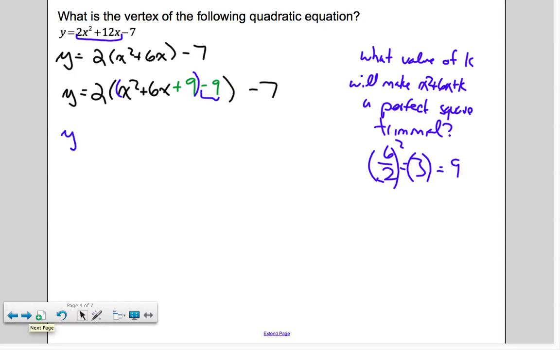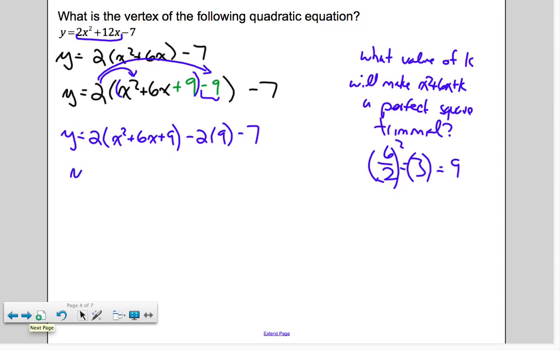So y is equal to 2 times x squared plus 6x plus 9, and then minus 2 times 9 minus 7. So now you can see why the 9 had to be inside the brackets, because the 2 needs to be multiplied as well. I distributed the 2 to that trinomial and the 2 to the negative 9.